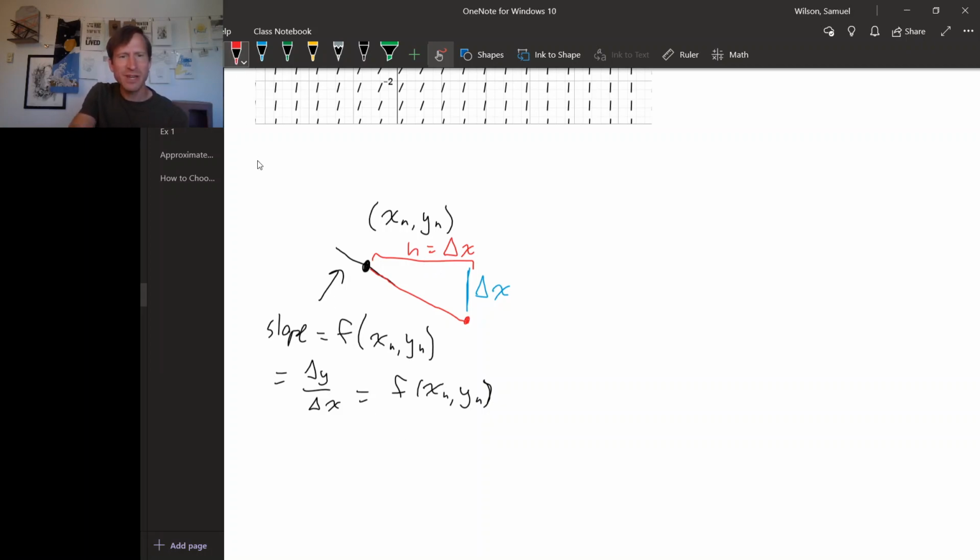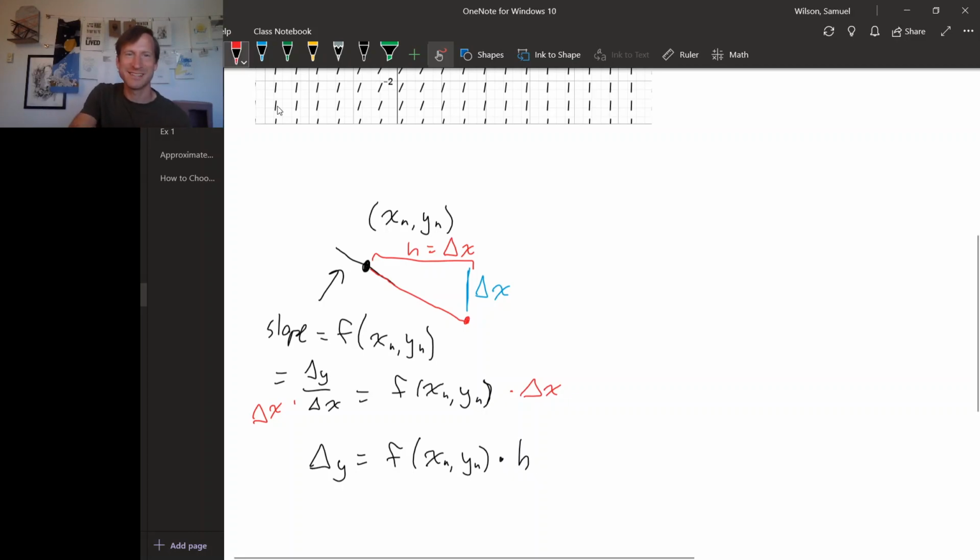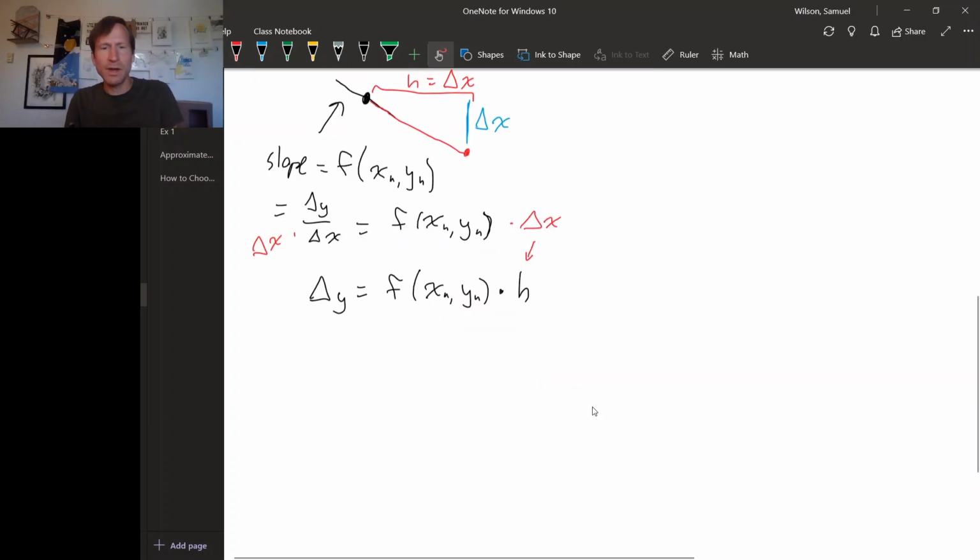So what we can do is multiply both sides here by delta x, and we get the change in y is f of x sub n comma y sub n times delta x. But delta x is really just h. So we know delta x, it's h, and now we know delta y.